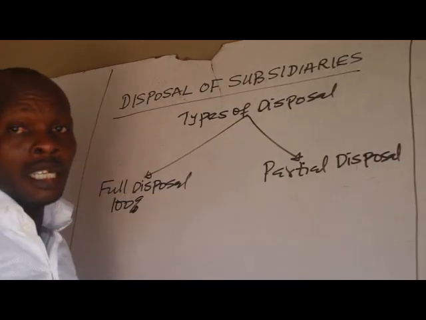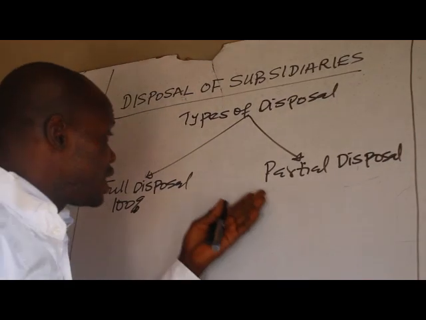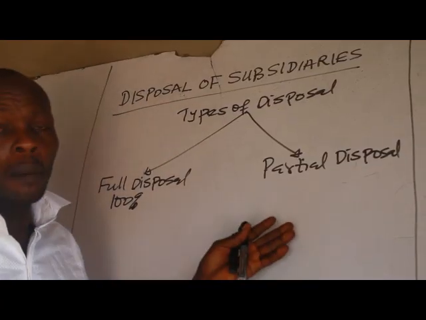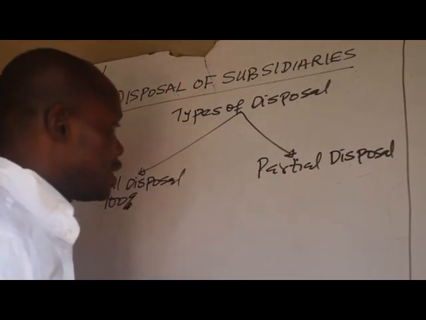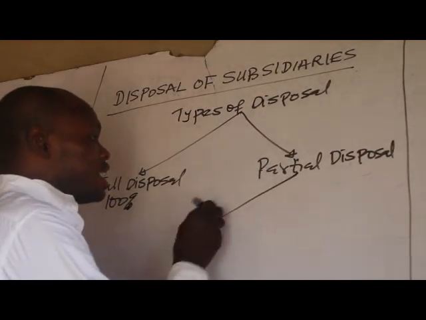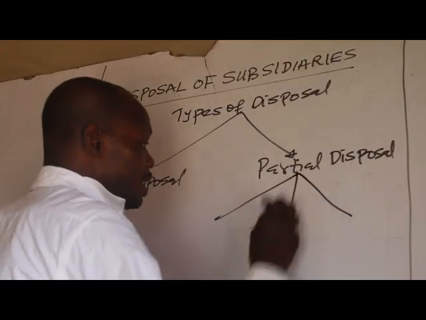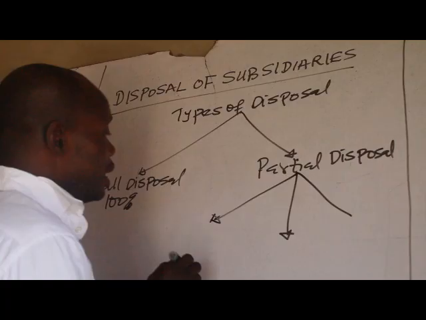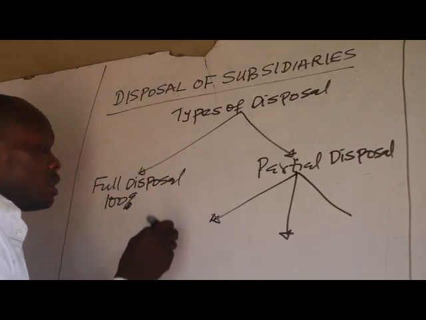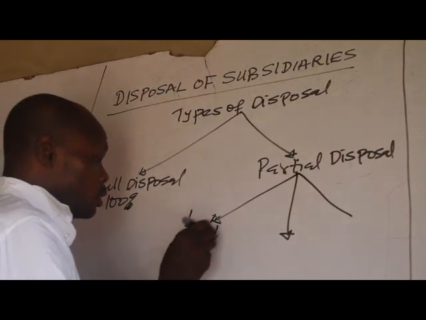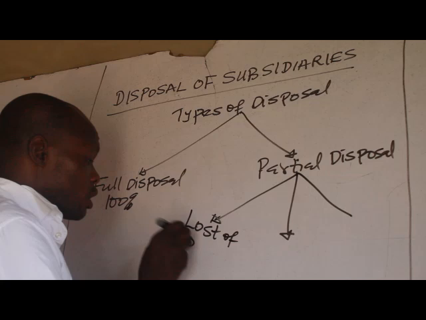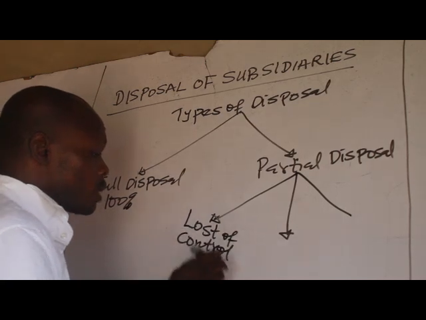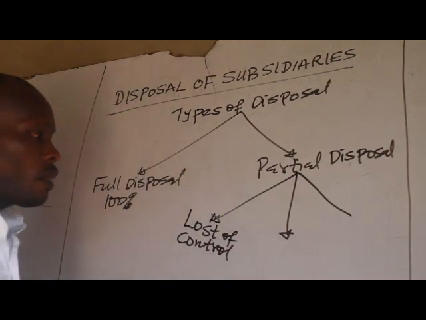Partial disposal is where part of the parent company's shareholding in the subsidiary company is sold. We are going to categorize partial disposal into three. One, disposal that results in loss of control, that is where control is lost.